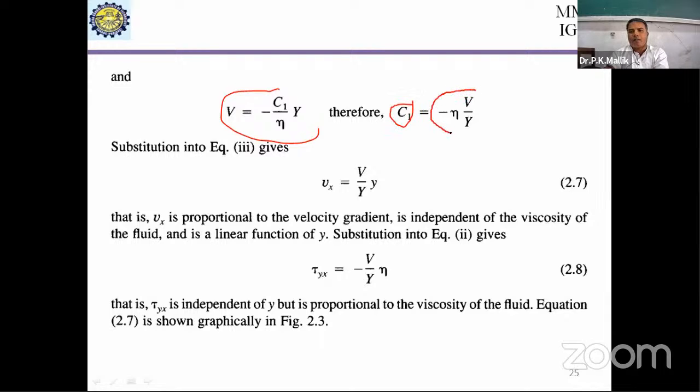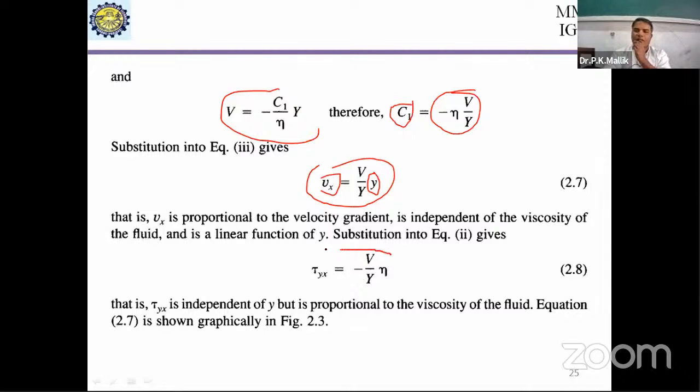So with equation 3, you will get the velocity Vx equal to v by capital Y into y. So here you can see the velocity Vx is proportional to the velocity gradient, and it is independent of viscosity of the fluid. Also it is a linear function of y.